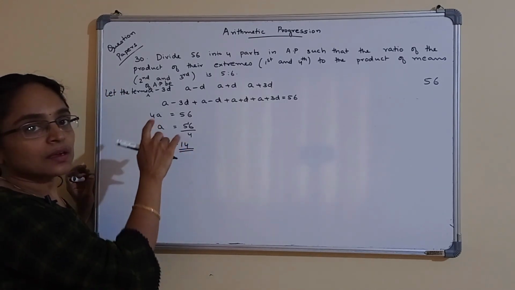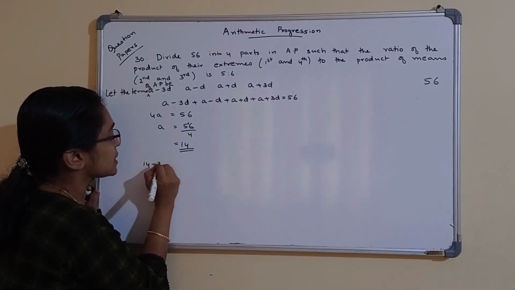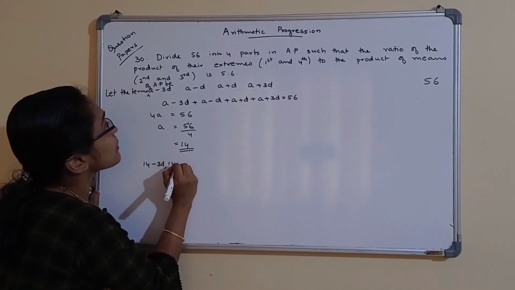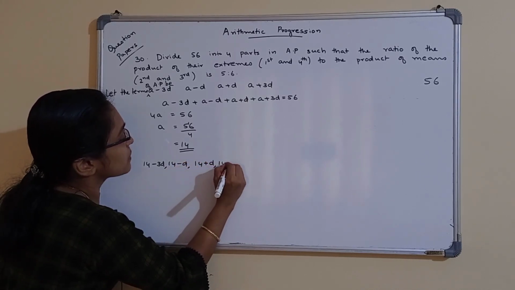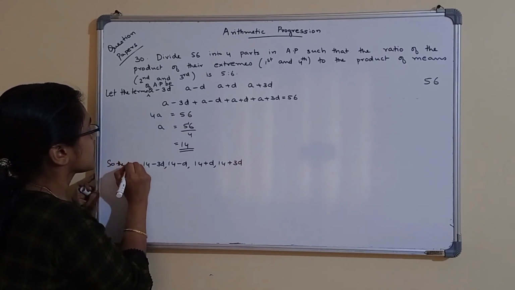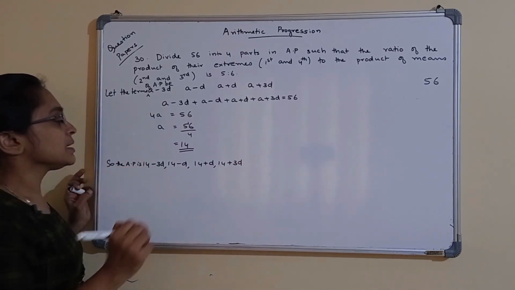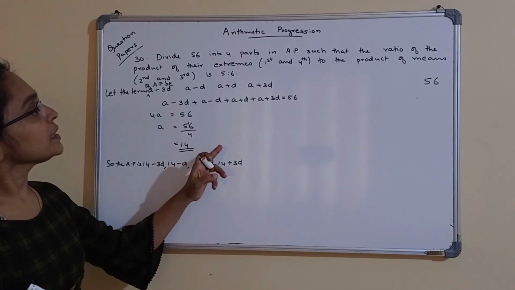Now what are the terms? The terms of the AP are 14 minus 3d, 14 minus d, 14 plus d and 14 plus 3d.